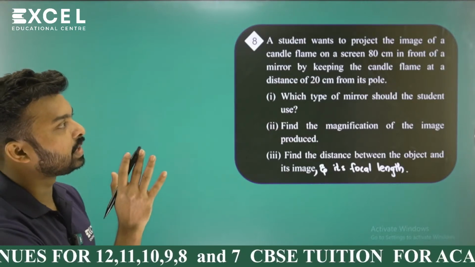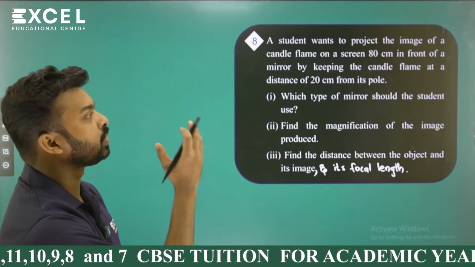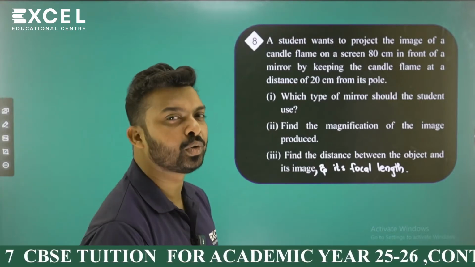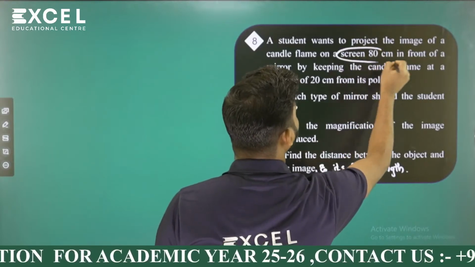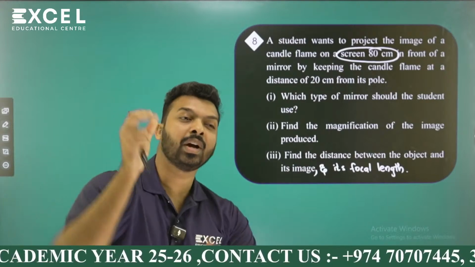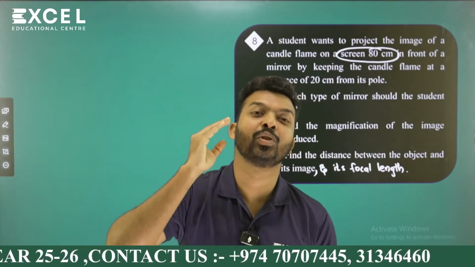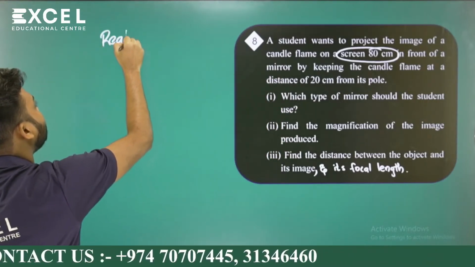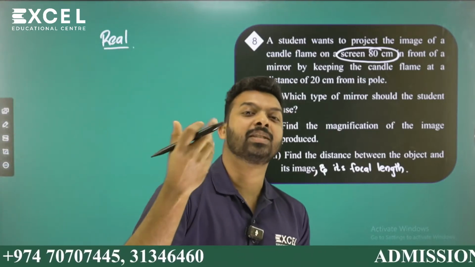Understand one thing, people: if I want to get an image on a screen, then the image formed should be a real image. So there is a real image which is forming here.